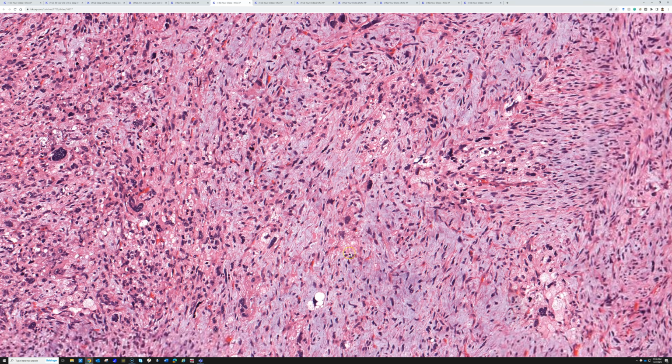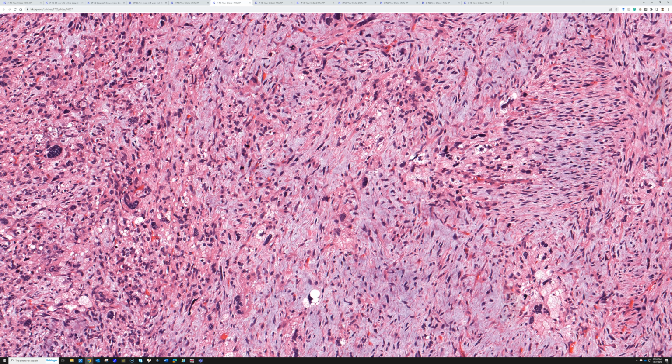And this is also a good reminder that any form of liposarcoma can have myxoid background, not just myxoid liposarcoma. You can have myxoid background in a dedifferentiated liposarcoma, in well-differentiated liposarcoma, and in pleomorphic liposarcoma.